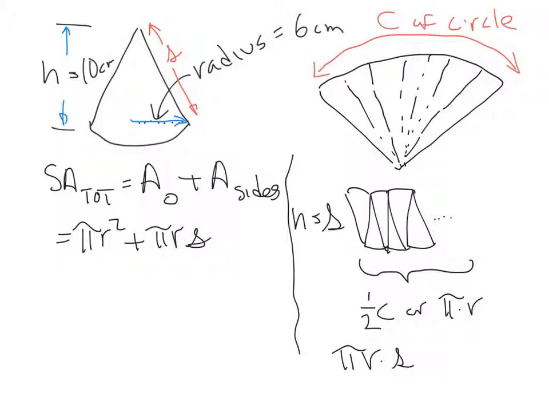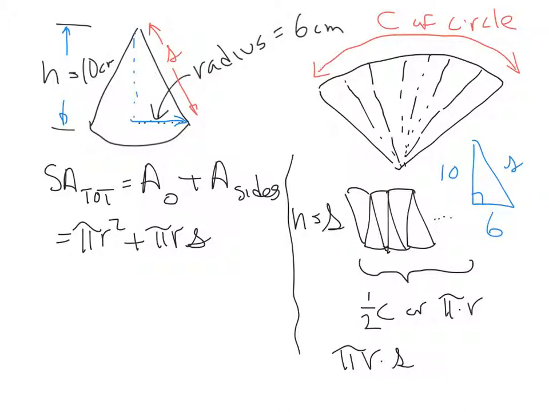Let me draw that triangle once again off to the side. I'll remind you that it looks like that. And it's got a height, in this case, of 10 centimeters and a base of 6 centimeters, and it's a nice right triangle. So we would use the Pythagorean theorem to calculate this.